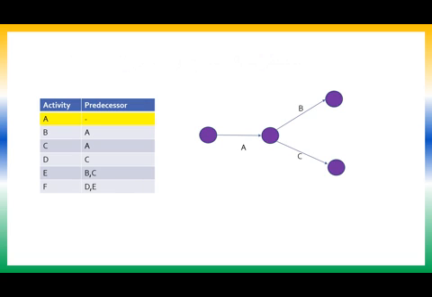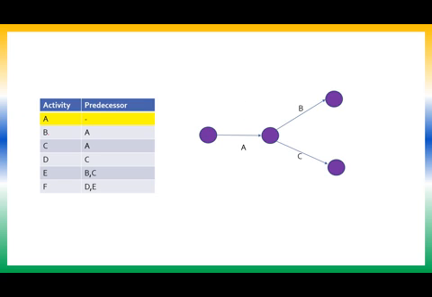So A is handled. Next, there are two activities which originate from A. After the completion of A, B and C have to start. So I am bringing out two lines, B and C, from the event where A terminated.